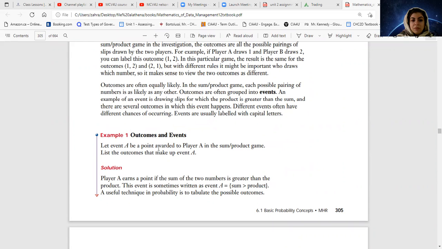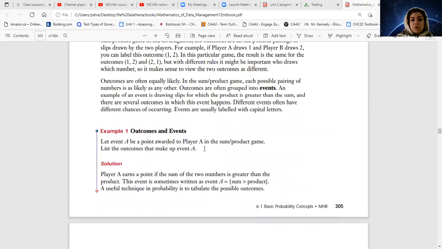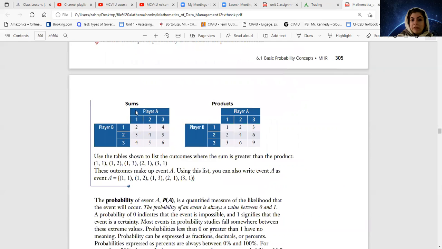Let event A be a point awarded to player A in some product game, and the outcomes make up event A. So I can make a chart like this for the sum and product.